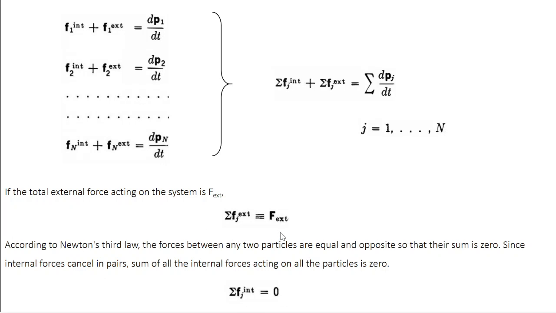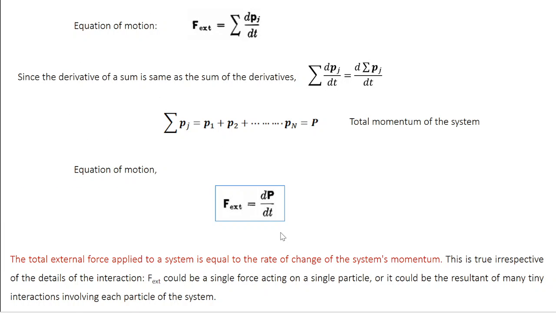So with these two, I can simplify my equation of motion for the entire system as F external equal to summation over j dpj by dt. Now from differential calculus, we know that the derivative of a sum is the same as the sum of derivatives. So I can write summation over j dpj by dt as d by dt of summation over pj.